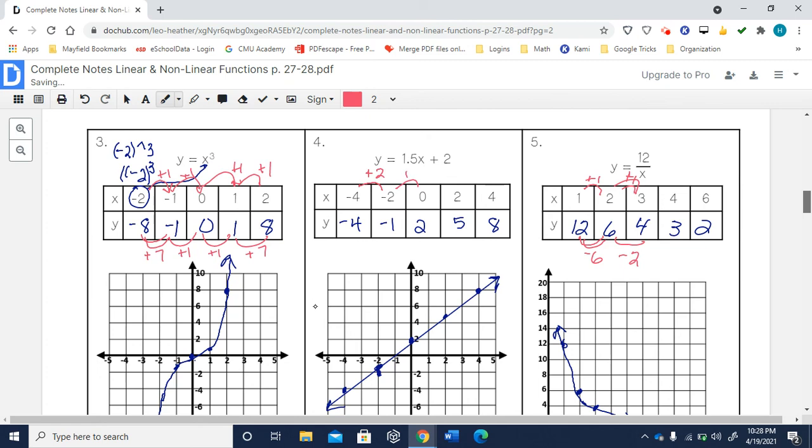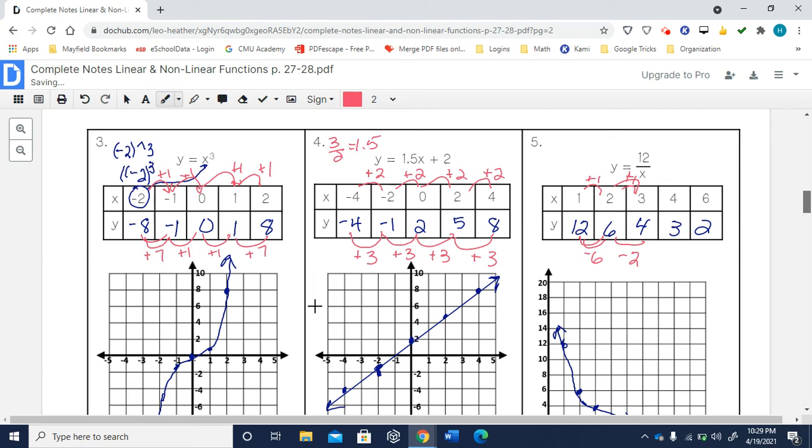So these were +2, +2, +2, +2 on the bottom, right? So -4 to -1 is +3, -1 to 2, +3, +3, +3. And actually in this case, our slope is 3/2, which is 1.5.